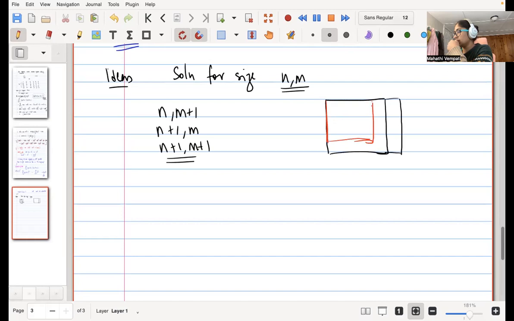The solution is somewhere here, and if you extend, it will be less than that. So then obviously the solution remains the same. Is that obvious? Because you just added one column, right?